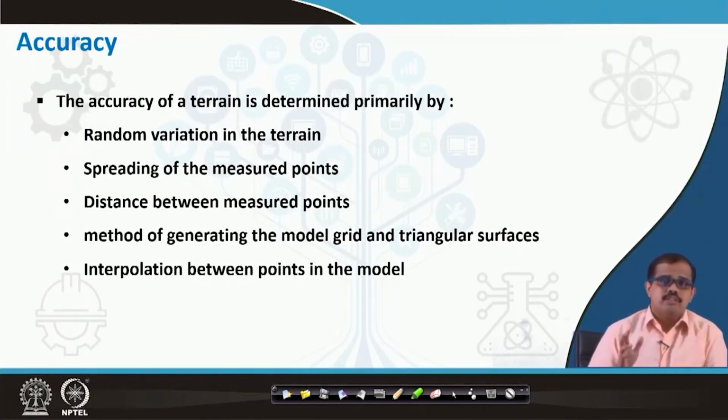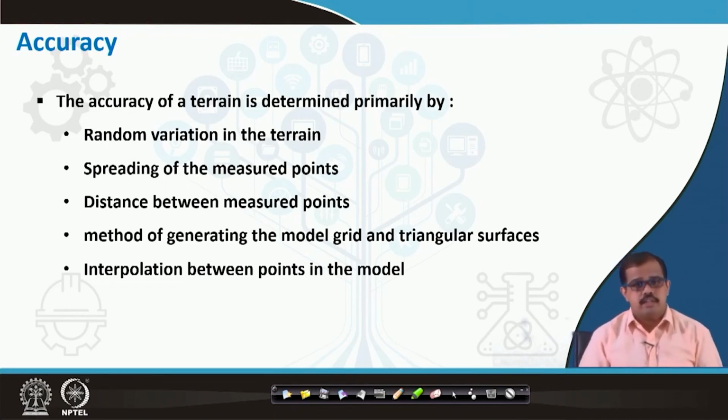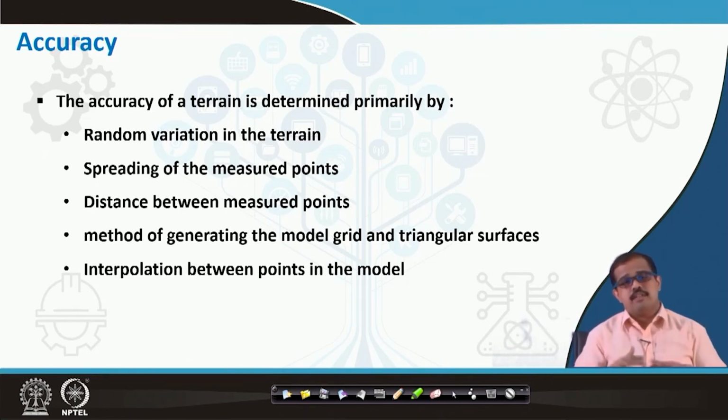Coming to accuracy, the accuracy of the terrain is determined primarily by various issues. One is random variation in a terrain: how random is the variation in that particular terrain? Then the spreading of the measured points. How have the points been distributed in the entire model? Are they grouped in a certain corner, or do you have measurements all throughout the place?